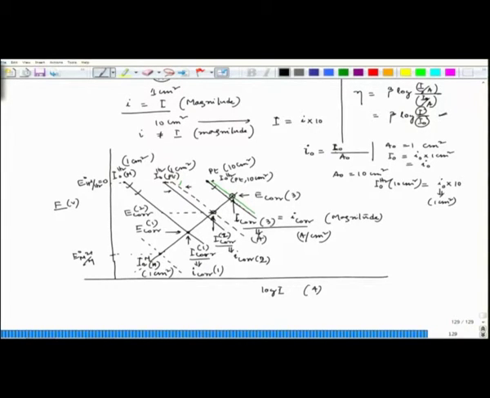Now, you see what the change in the current density for the anodic reaction is. In the beginning, when there was no connection between active and noble metal, my IA was at this point, and at this point I have IC equal to IA, case 1.